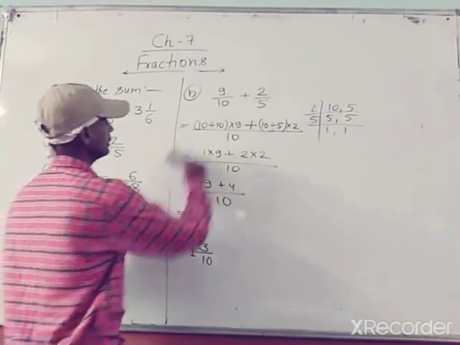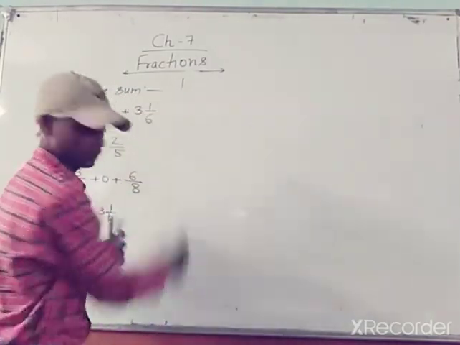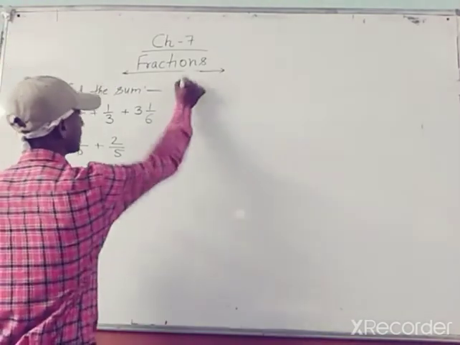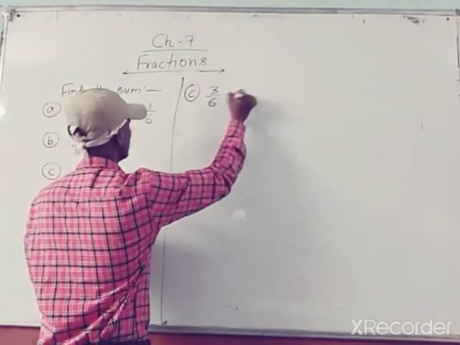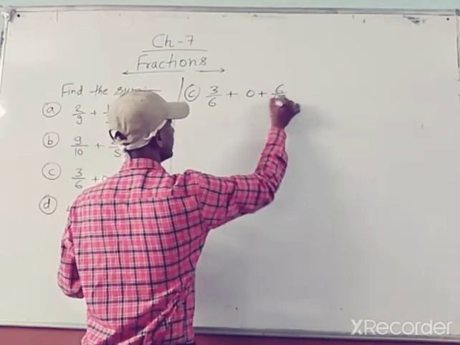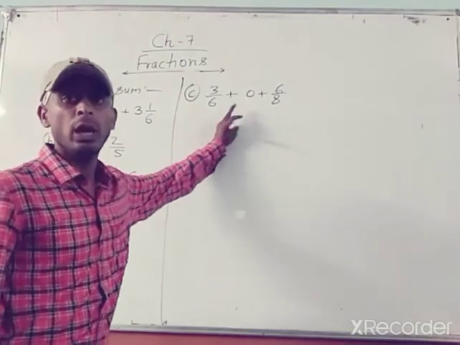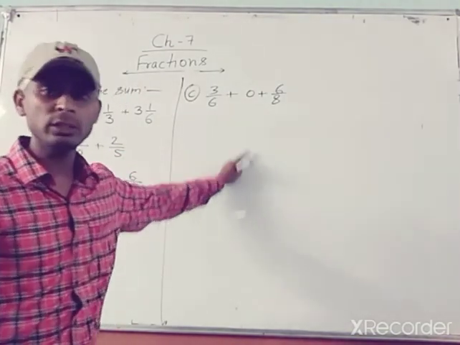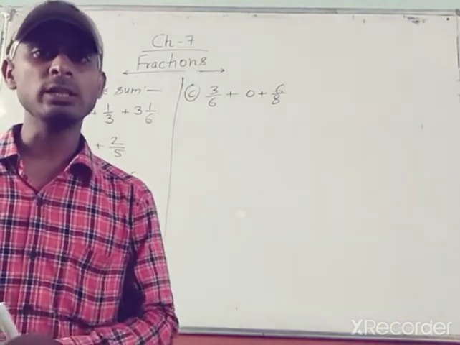Now third one. See, 3 by 6 plus 0 plus 6 by 8. See, there are three fractions, but the second one is 0, and you know that according to the property of addition of fraction, sum of any fraction and 0 is the fraction itself.